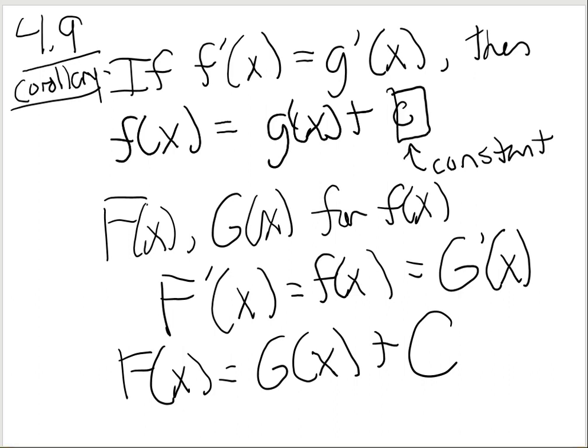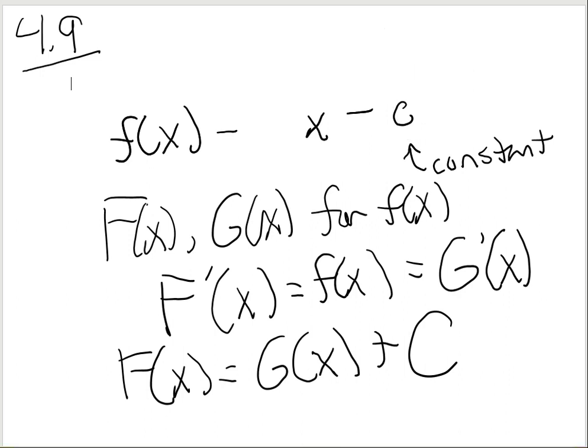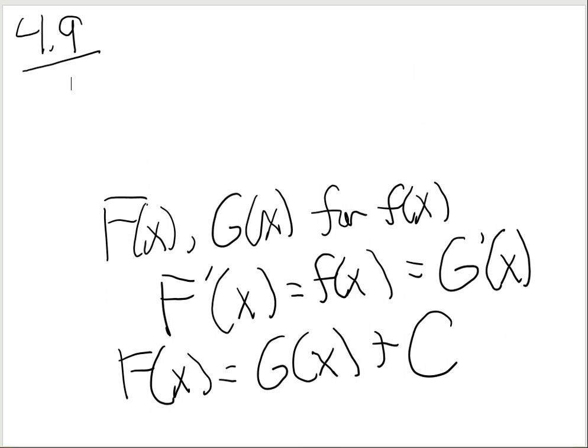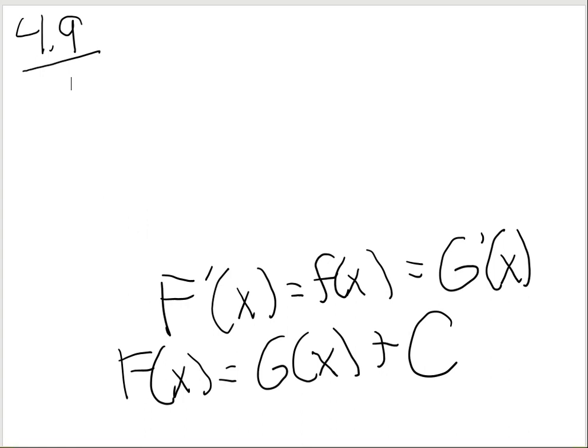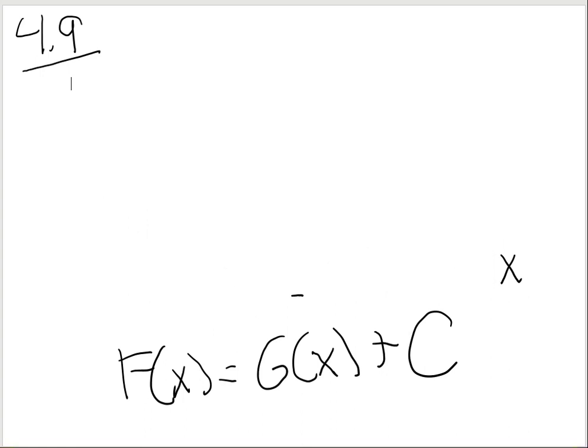And so, in this section, we're going to talk a lot about what is known as the most general antiderivative. And what I mean by that is, we know that the antiderivative for 2x is x squared is one of the antiderivatives, but the most general one will be x squared plus c.